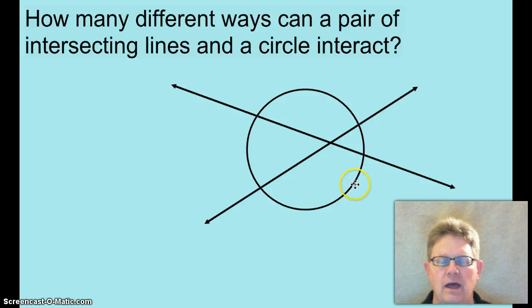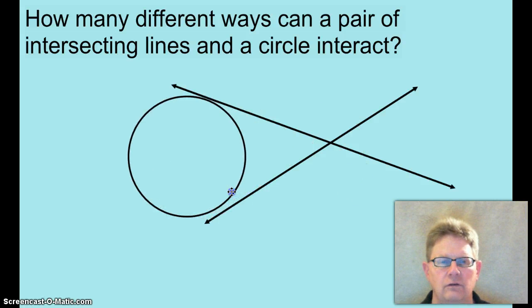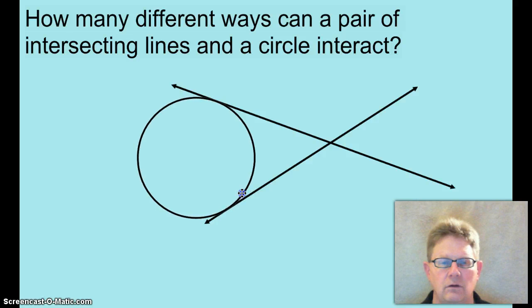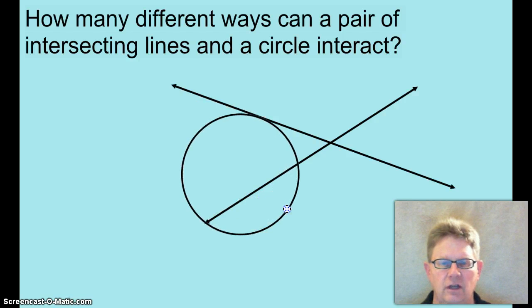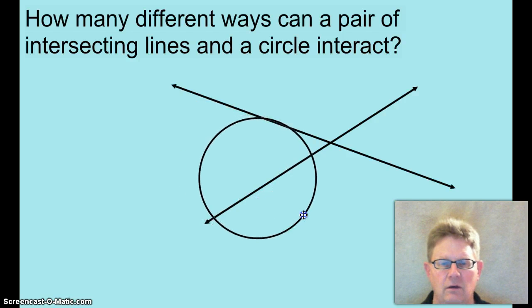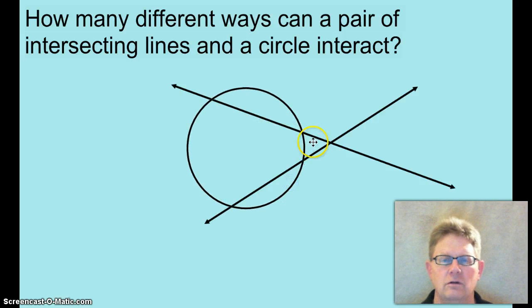It could be that it is tangent to the circle at both places. It could be that it's tangent at one and a secant of another. Or it could be that it is two secants. And we'll talk about all those instances today and how to find the measures of those angles. So, let's have some fun.